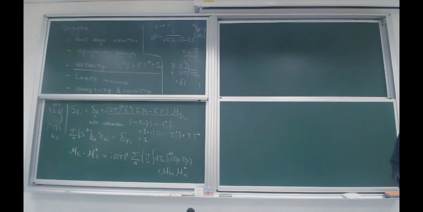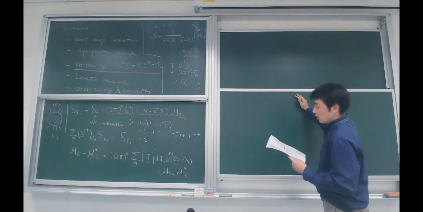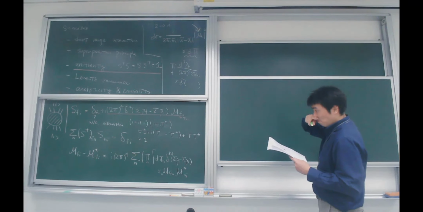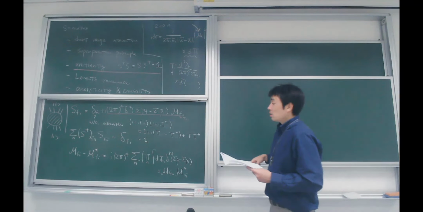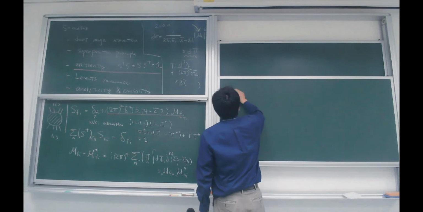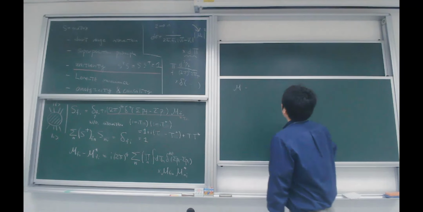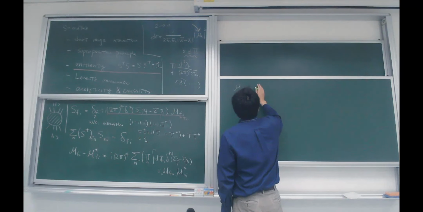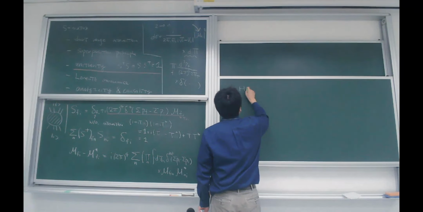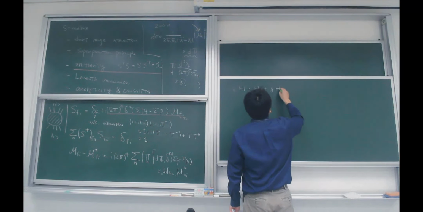So first of all, if you look at the M, it can be understood as some number times... Of course, we assume that H is equal to H naught plus some coupling constant times H interaction.